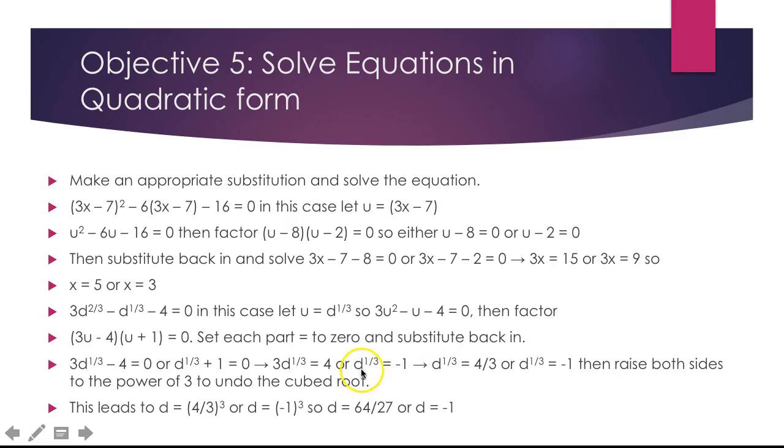And on this one, you're just going to have to raise it to the power of 3. So 4/3 to the power of 3 is down here, and that's going to equal 64/27. And negative 1 cubed is going to be negative 1.